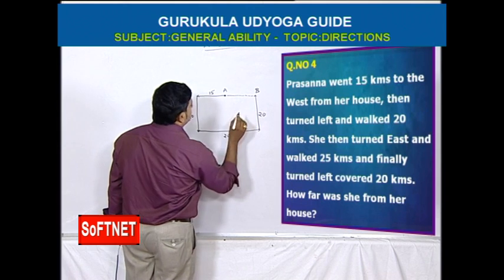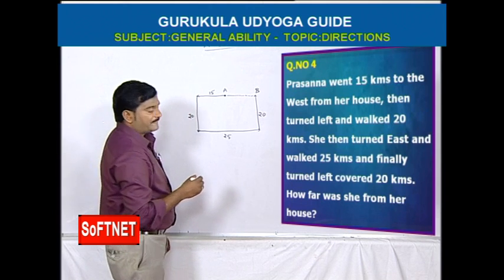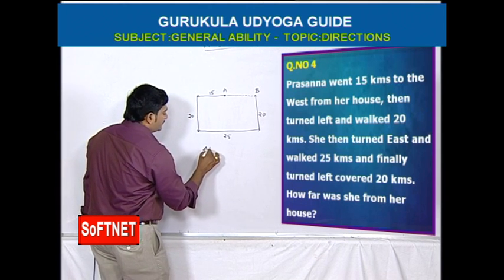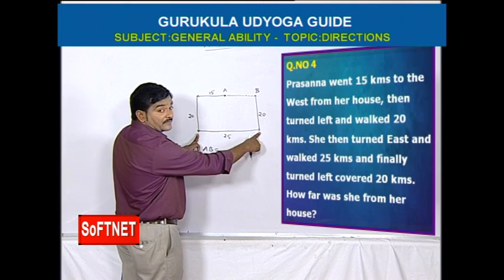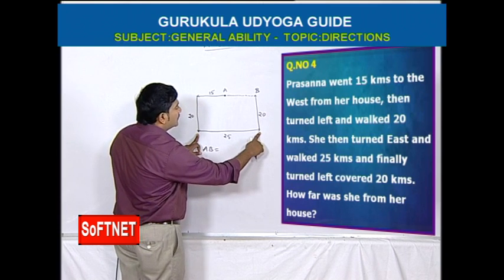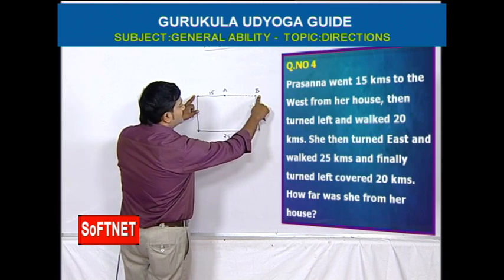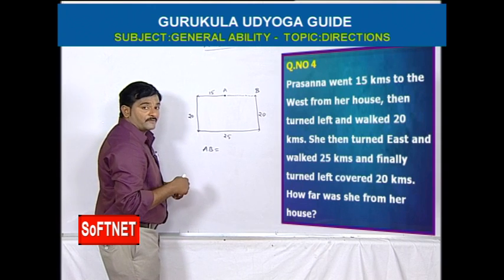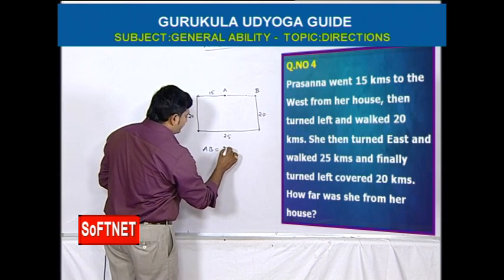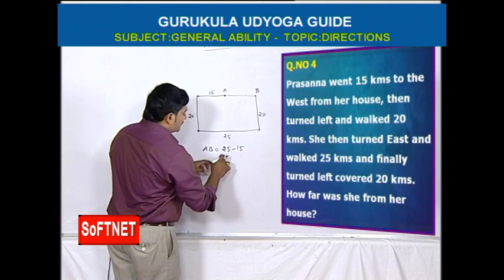Now I have to find the distance AB. So we all know, this length is equal to how many kilometers? 25 kilometers. If this length is 25, what about this complete length also? 25. But out of 25, it is already given how many kilometers? 15 kilometers. So subtract 15 kilometers from 25 kilometers.